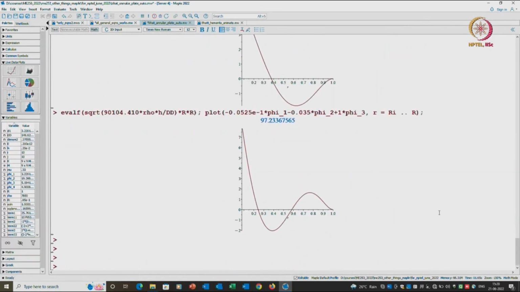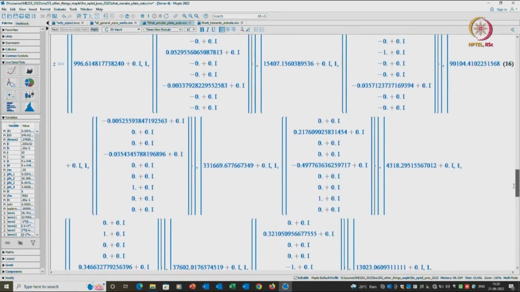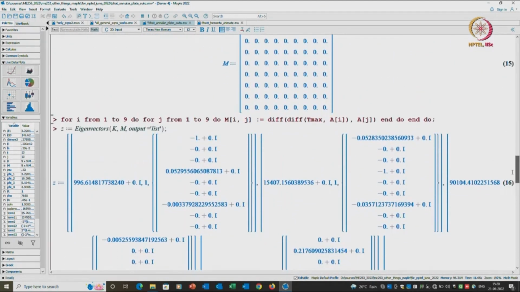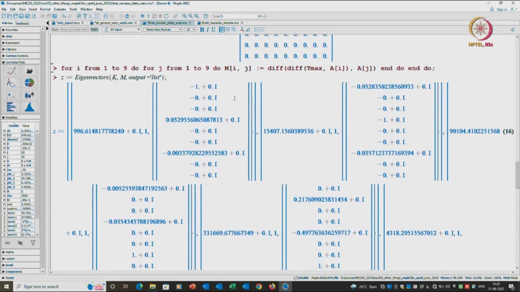now let us see here. So I have coded all the relevant terms, so it will be easy. So this represents the eigenvalue and eigenvector matrix. And the eigenvalue at this point is 996, which we will see in the non-dimensional terms what it is. And the corresponding eigenvector is this.